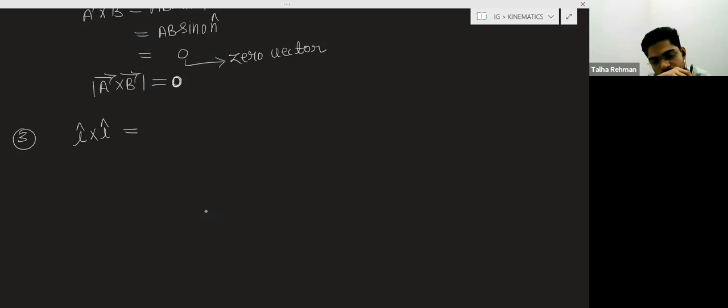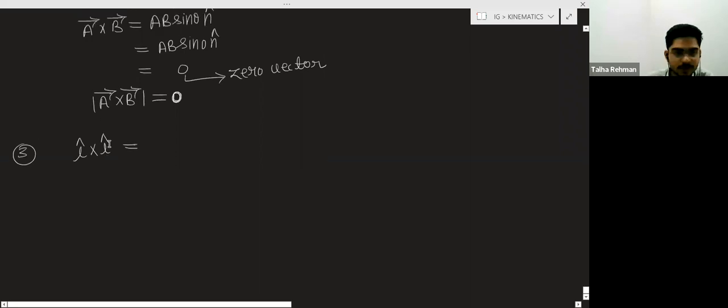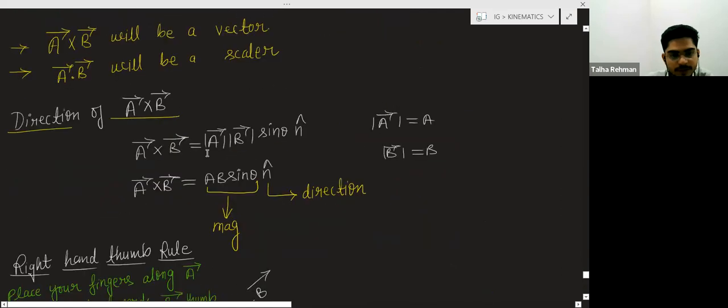This is not i dot i, this is i cross i. First apply the formula I have told you for calculating the cross product: a cross b is equal to AB sine theta into n cap.